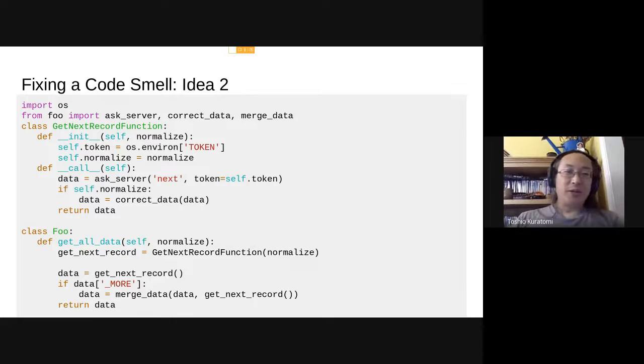The programmer whose work I was modifying said, hey, I hate passing normalize every time too. Can you figure out a way to do it so that I don't have to pass normalize either? So here's how I do that. I'm going to create a callable class, a getNextRecord function. You can see, under __init__ for this next record function class, I'm going to pass in normalize.